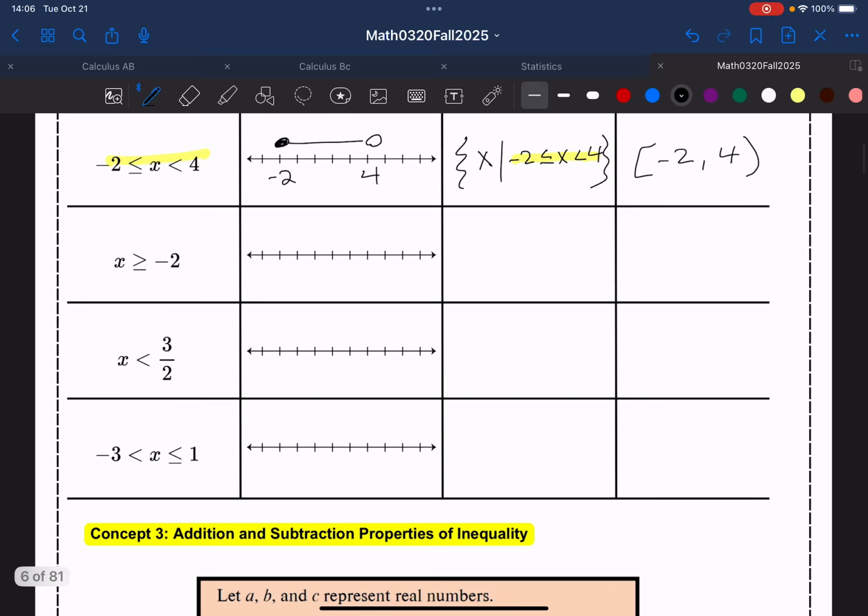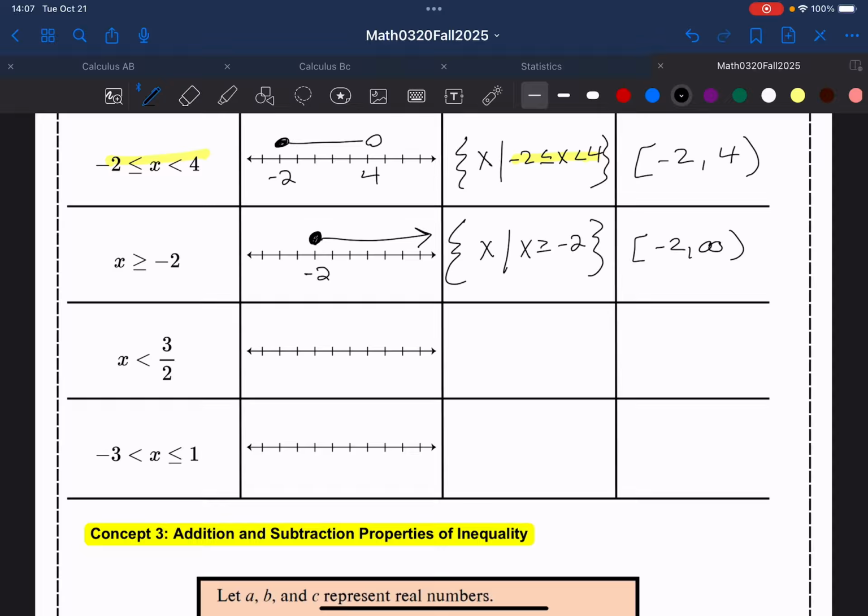Okay, my next one is x is greater than or equal to negative 2, so here's negative 2. Greater than or equal to means I'm going to have a closed dot, and this is going to be pointing to the right. Set builder means I am going to do x such that x is greater than or equal to negative 2. And then since I have a closed dot there, this is bracket negative 2 going towards infinity.